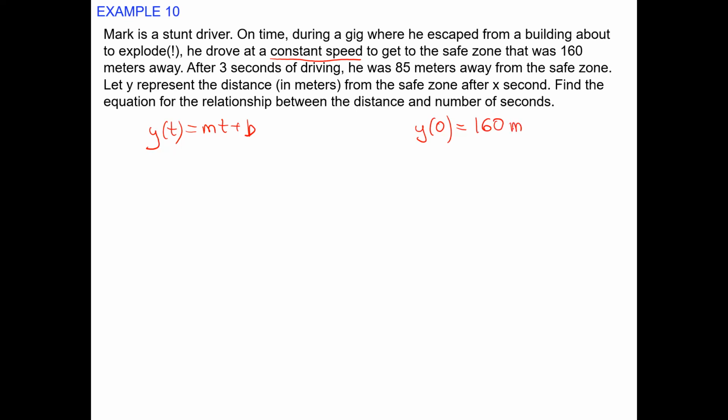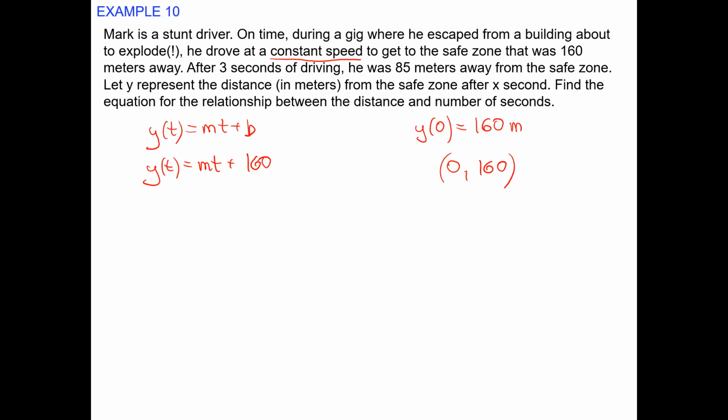We know that at zero time it is 160 meters. That means we definitely have 160. But what is the slope? This is distance over time. y is distance, t is time.